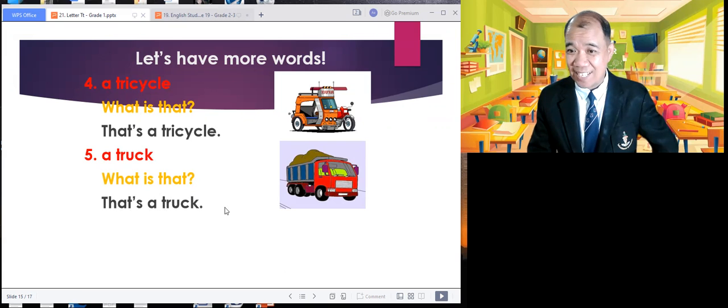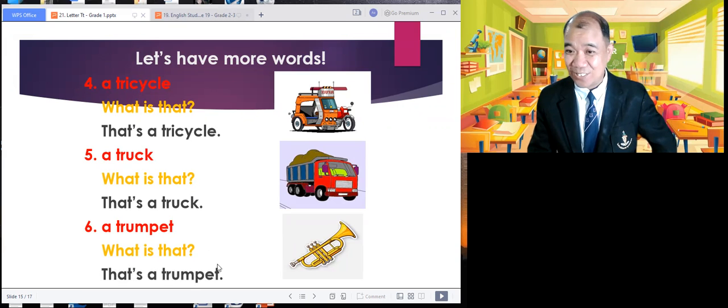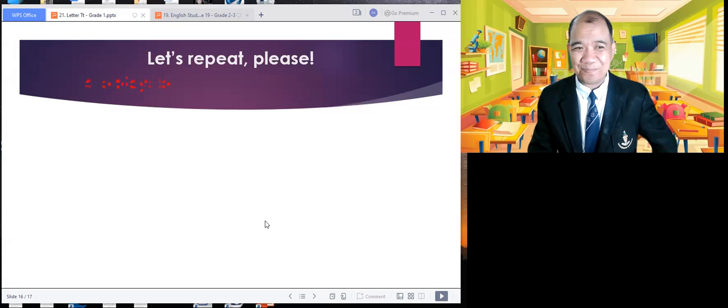That's a truck. A trumpet. What is that? That's a trumpet. Okay, let's repeat, please.